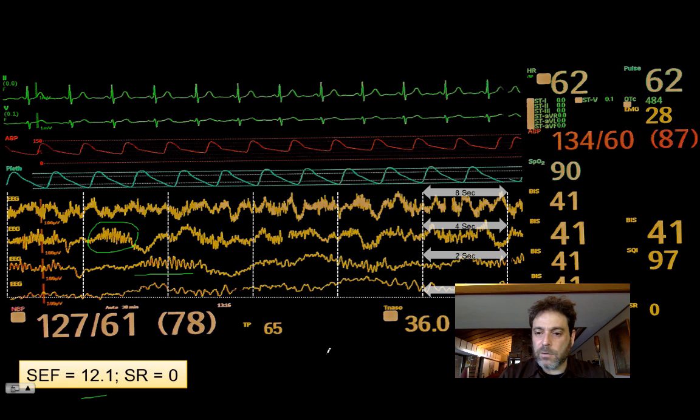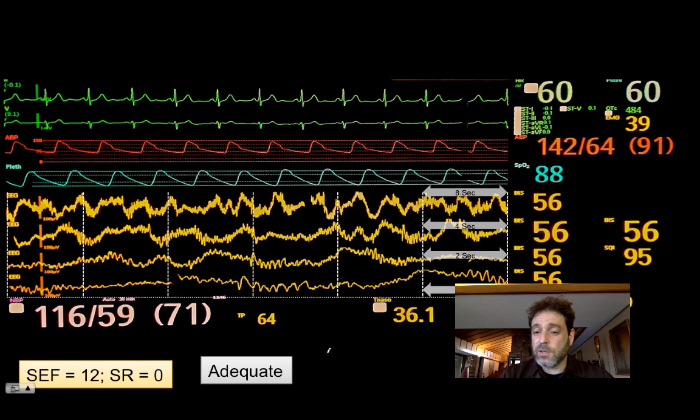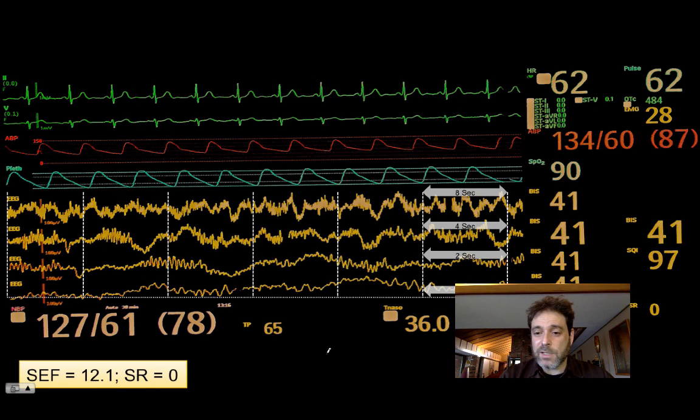So this is actually a very similar looking EEG to this previous one. However, here the BIS was reading 56 and here the BIS is reading 41. Very little has changed in terms of the anesthesia, but the BIS number has changed considerably with no good explanation. So again, adequate general anesthesia.